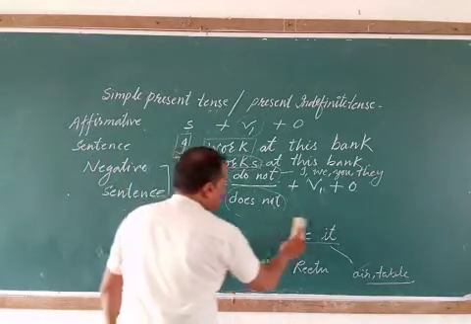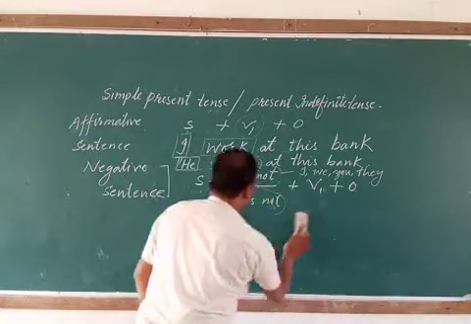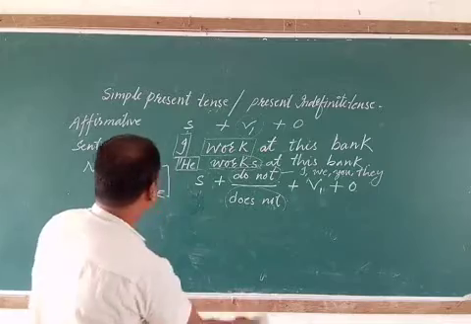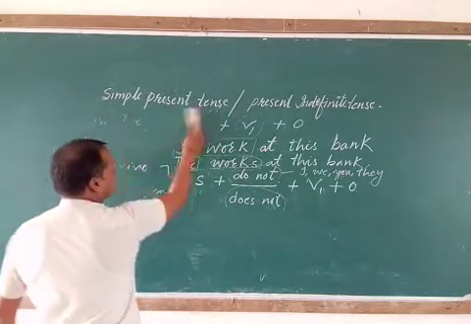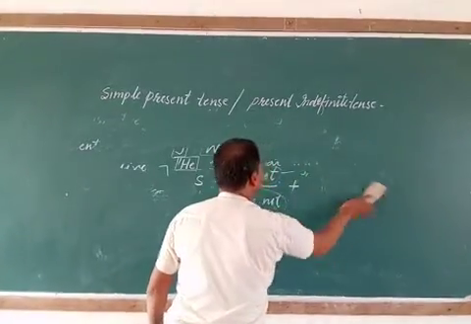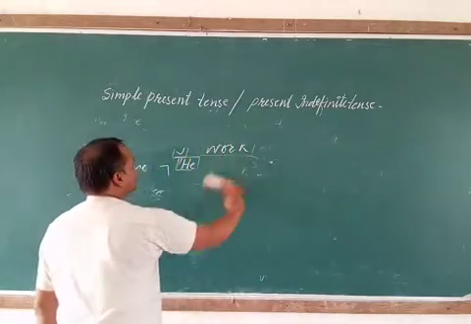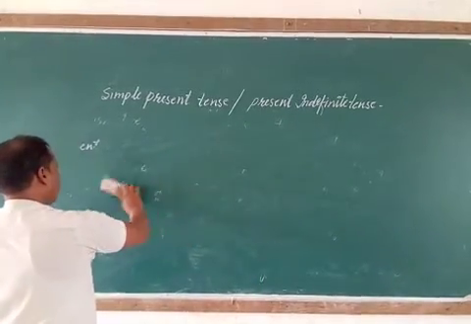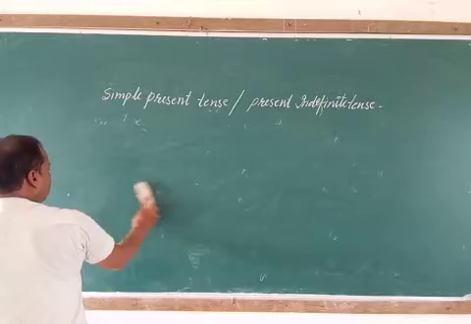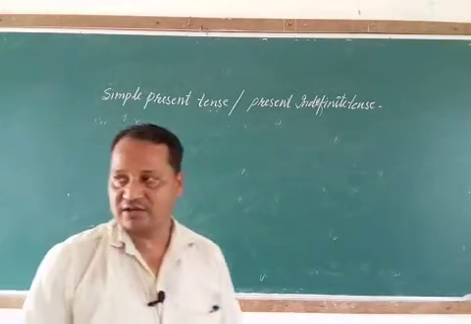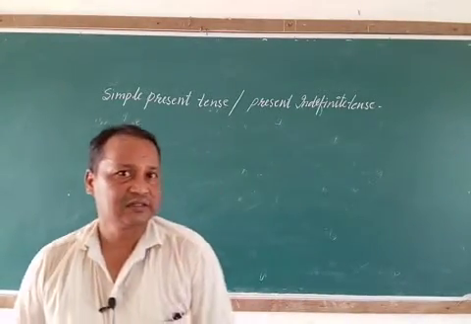Let's come to the next sentence, that is question. In question we have two types of questions: open question and closed question, or you can say yes/no question and WH question.